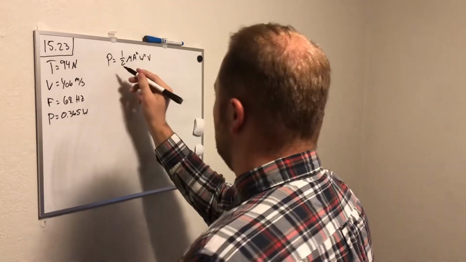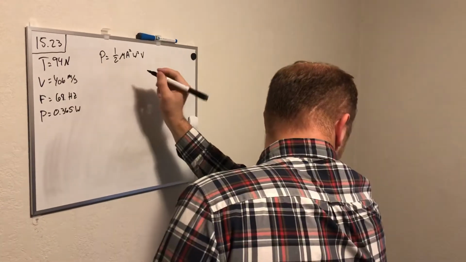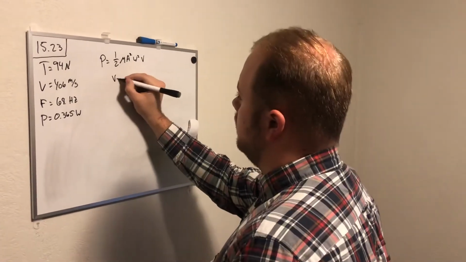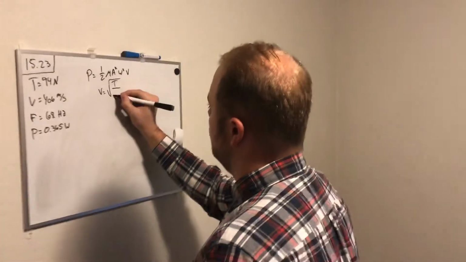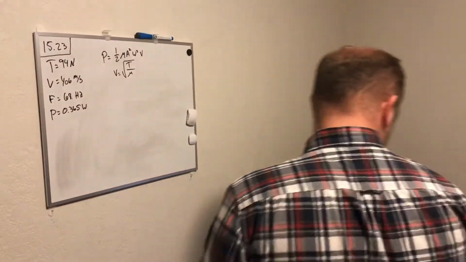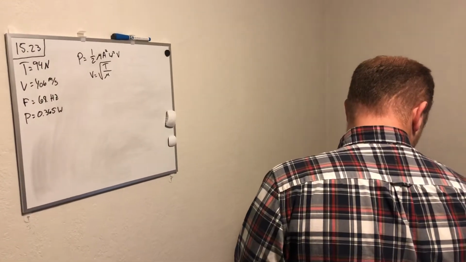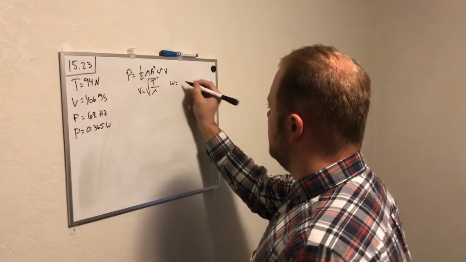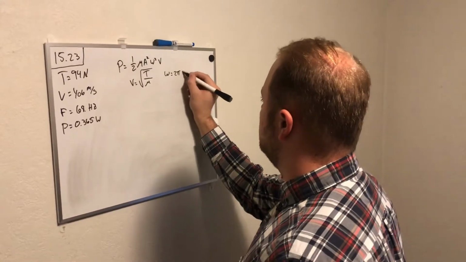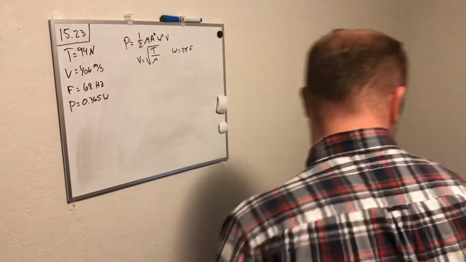As well, we know the equations: velocity equals the square root of the tension force over the mass per unit length, and then the angular speed is equal to 2 pi times the frequency.